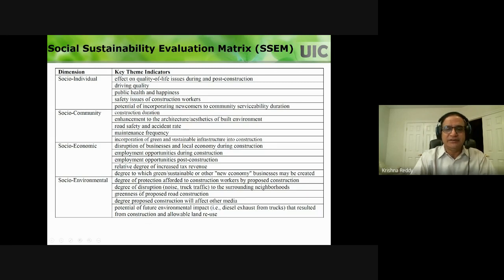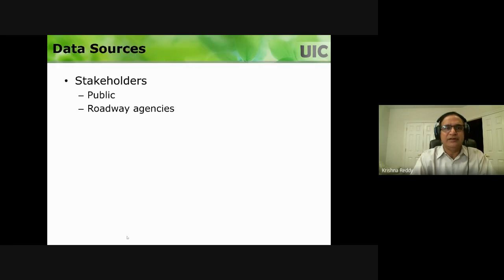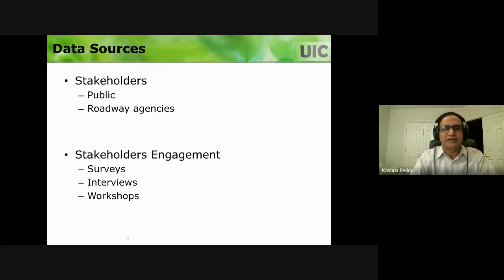Once we get these key theme indicators for individual, community, economic, and environmental, how do we quantify those things? To quantify this, you identify the stakeholders, the public, roadway agencies, and then you get the feedback of these people on your key theme areas.